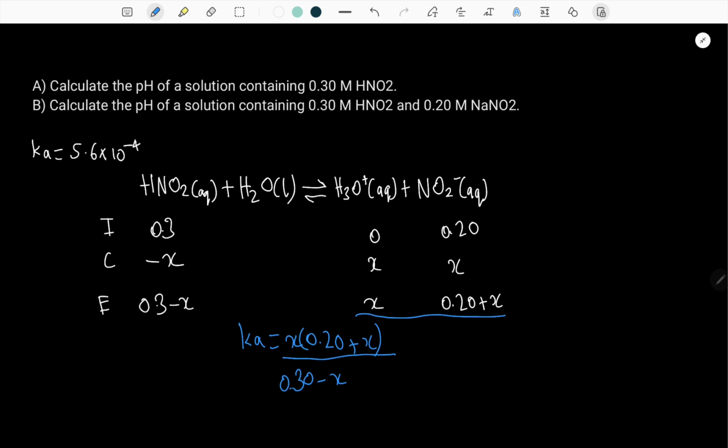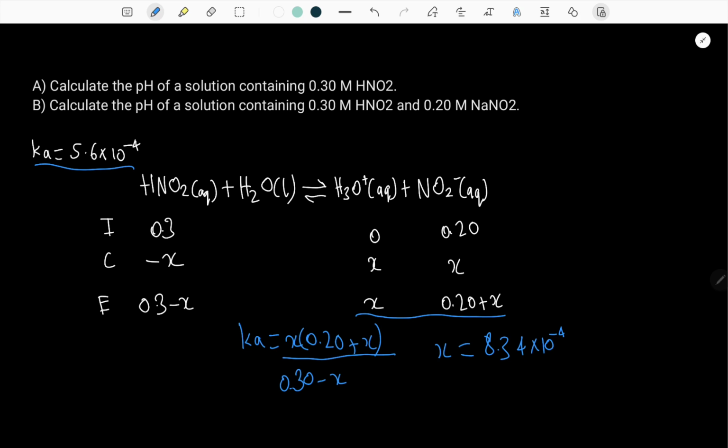Now you can solve for x using your calculator. Remember, the Ka value is given up here, so you can substitute Ka with 5.6 times 10 to the power of negative 4, and the value of x is 8.34 times 10 to the power of negative 4.